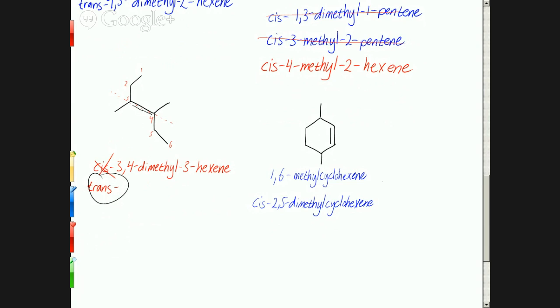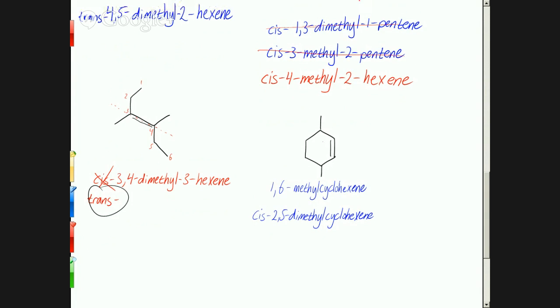Well, yeah, let's look at this. So we know that we want the alkene, the double bond, to have the lowest possible number. So we're going to start at 1. But the other rule, if we look at how chains are set up, is that if we say that the double bond is at 1, that means it has to be between carbons 1 and 2. So if we say 1-cyclohexene, that means it's between 1 and 2.